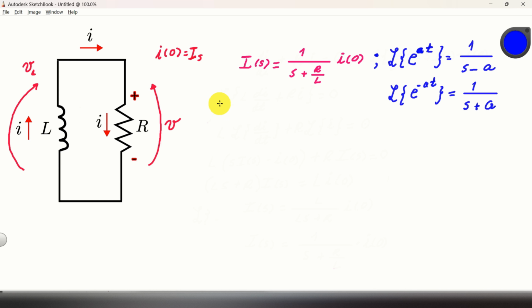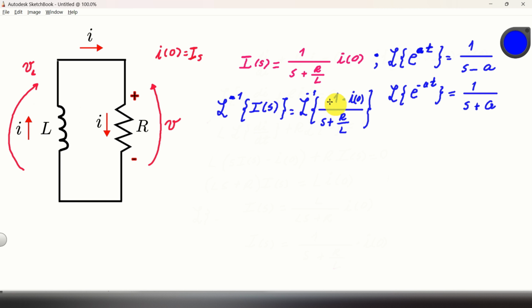To find the time domain expression, we apply the inverse Laplace transform, which is usually denoted like this: inverse Laplace of I of s. And then we need to apply the same thing to the right-hand side, the inverse Laplace of the whole expression, 1 over s plus r over l, and I of 0 still inside.